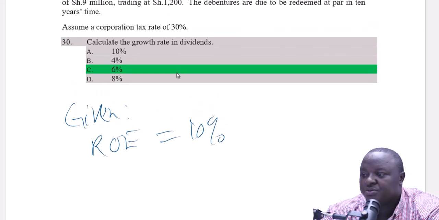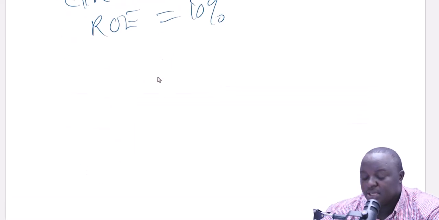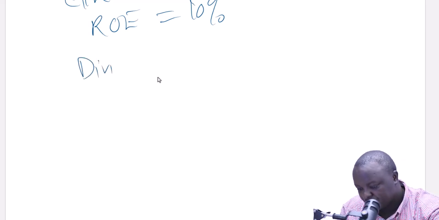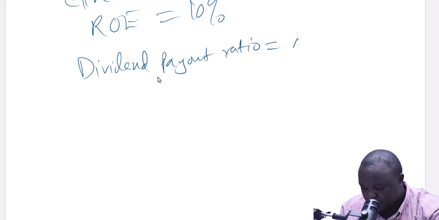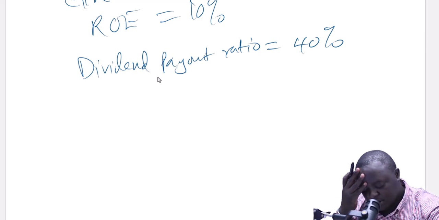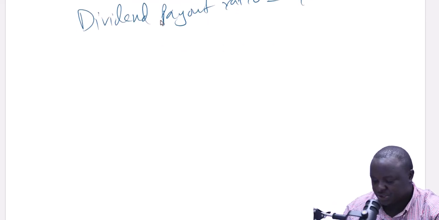From the question, we have been told that the return on equity is 10%. Then the dividend payout ratio equals 40%.